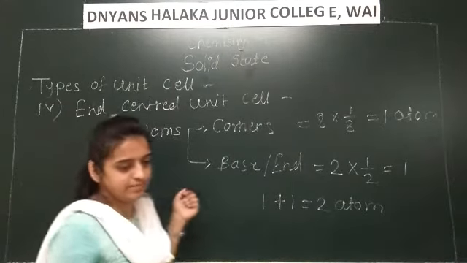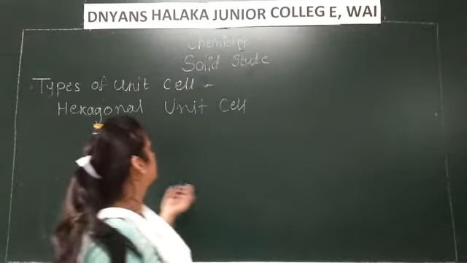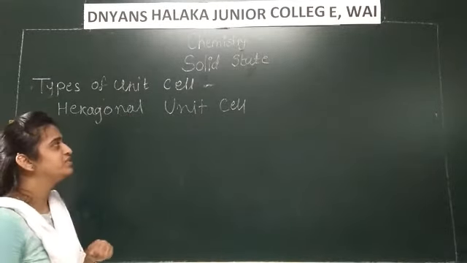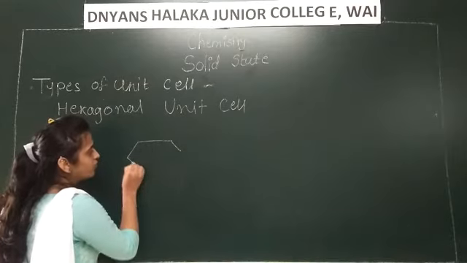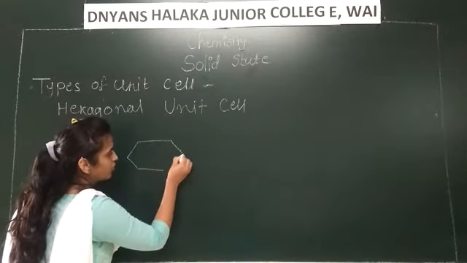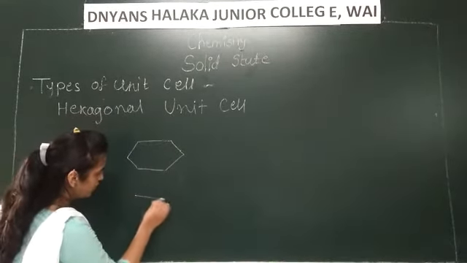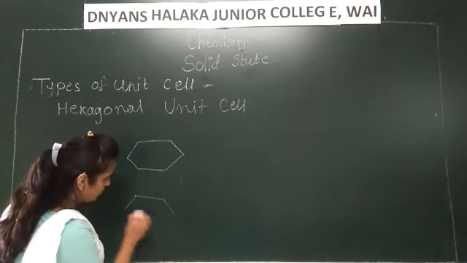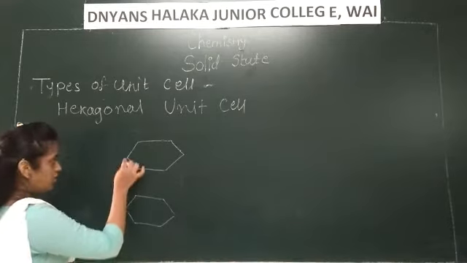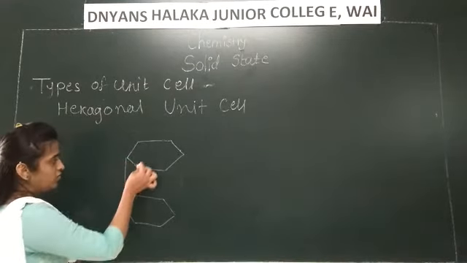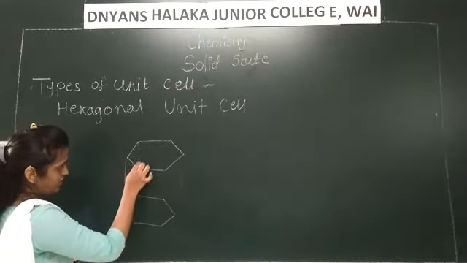center unit cell. So the last type of unit cell: hexagonal unit cell. In hexagonal unit cell, the diagram is like this. So this corner is attached like this.